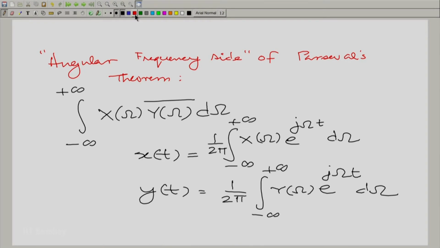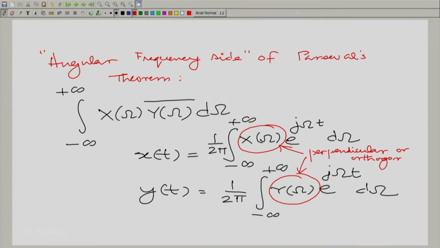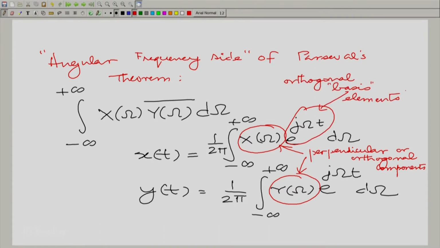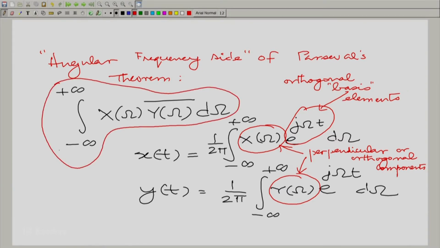So essentially what we are saying is that these are like the perpendicular or orthogonal components, and these are like the orthogonal vectors, and therefore this is like an alternate representation for the dot product or the inner product.